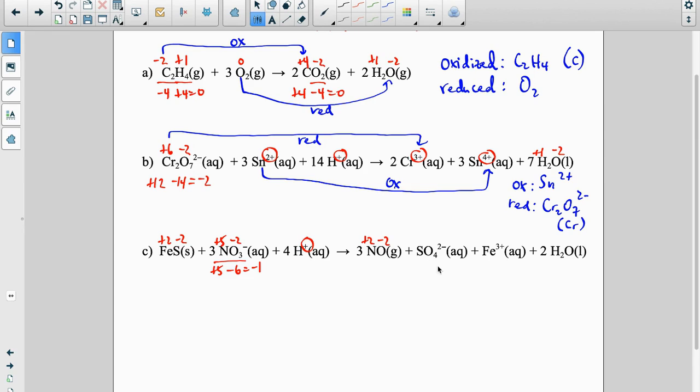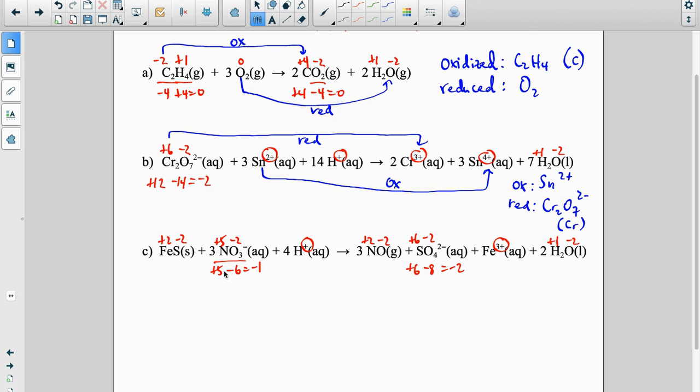Here sulfate has an overall charge of -2. Our oxygen has a -2 oxidation number, that's -8. So we need +6 here for the sulfur. Here's our oxidation number for Fe, and water is +1, -2 as always. All right, so let's look for the changes.